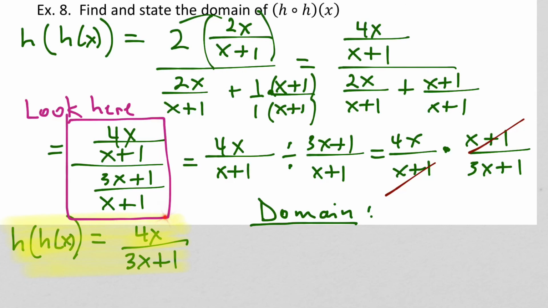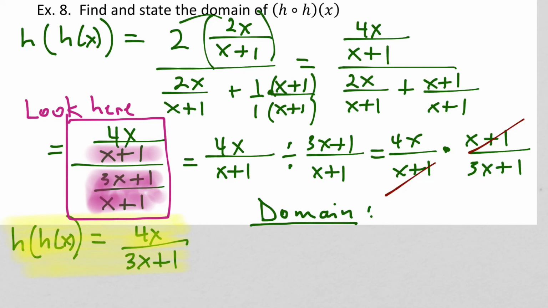With this kind of stacked up fraction, you've got denominators in the top and the bottom fractions, but then you've also got this entire denominator, which is the denominator of the whole big fraction. So we've got two things to look at.